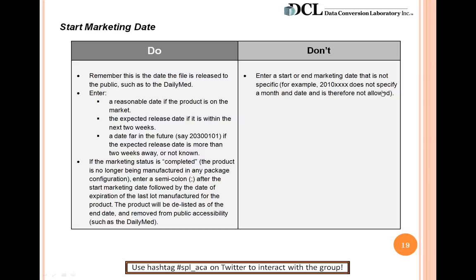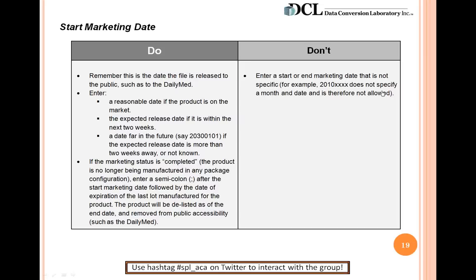And so if you submit a label with let's say 2 packaging configurations, and then on May 1st you revised the label and you took out 1 packaging configuration, the FDA will assume that that was the date that that packaging configuration was no longer available in the marketplace. But the implications of that are just on this.